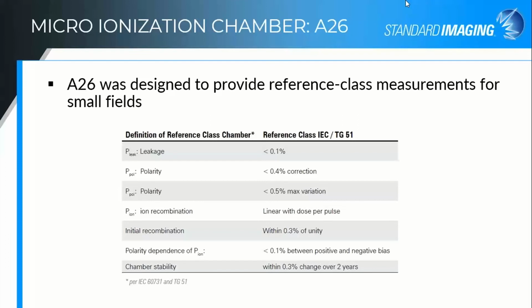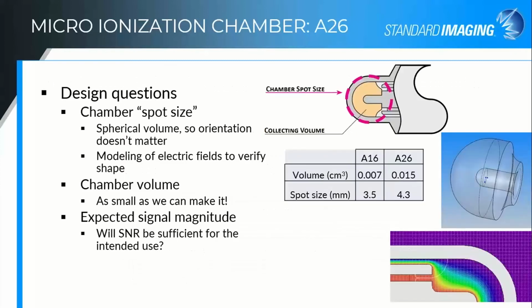But the A26 was designed as a result of the findings that she had reported in her thesis. So we designed this as a reference class ionization chamber for small fields to meet the definition of a reference class chamber from the IEC and from TG51.